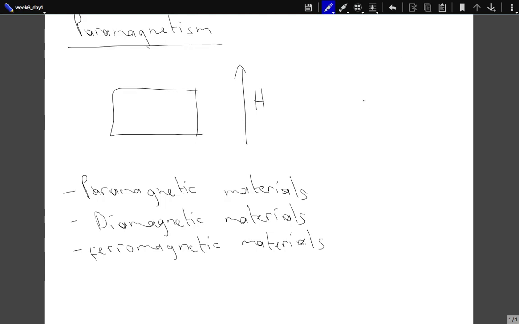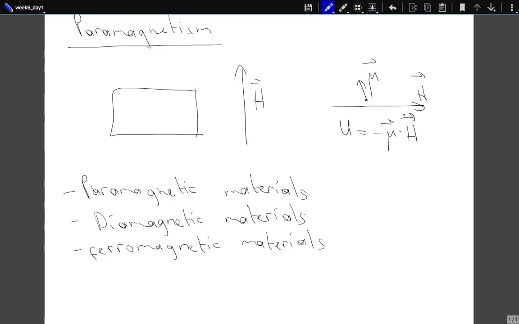So if you have a dipole, let's say this is the magnetic dipole, and if you put it in a magnetic field, there is the potential energy, which is given by minus mu dot H, or mu dot B in vacuum. So this basically tells us that the magnetic dipole moment will try to align with the external magnetic field.